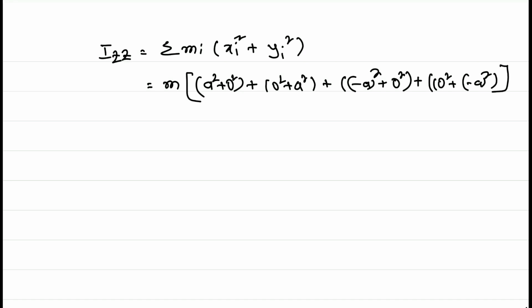This is coming to m into A square plus A square plus A square plus A square. That is equal to 4mA square.